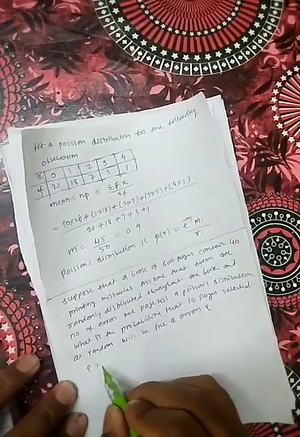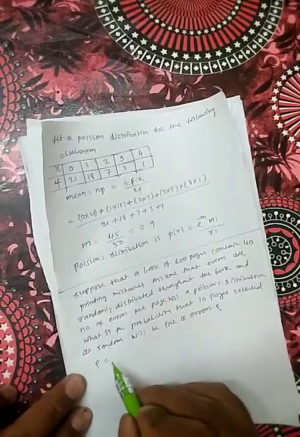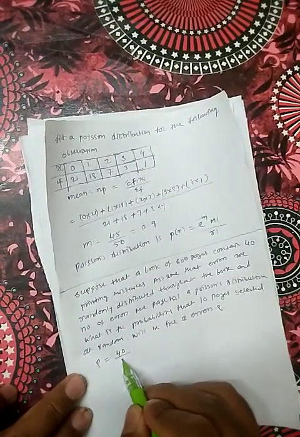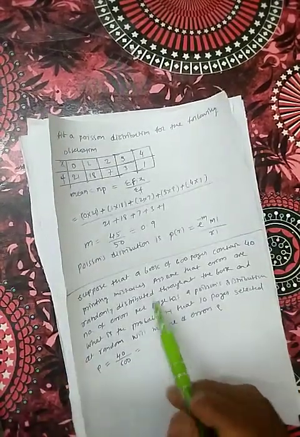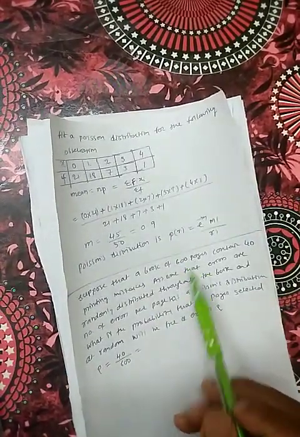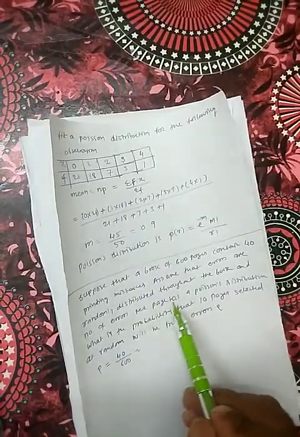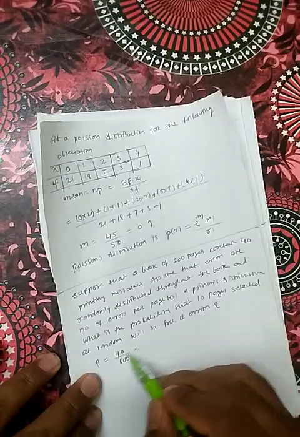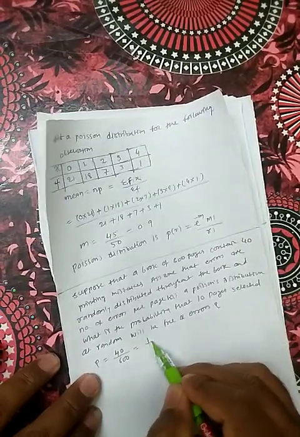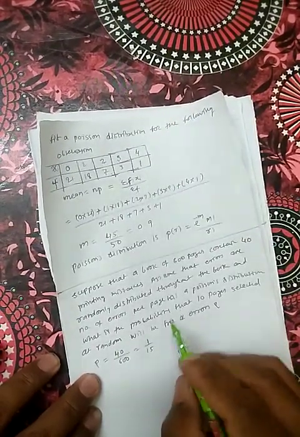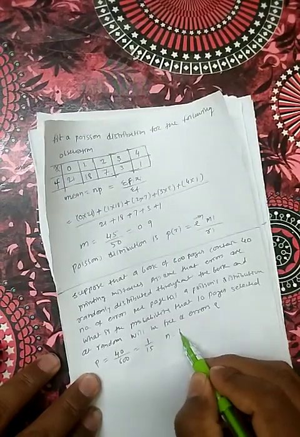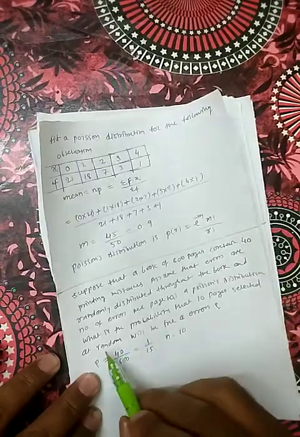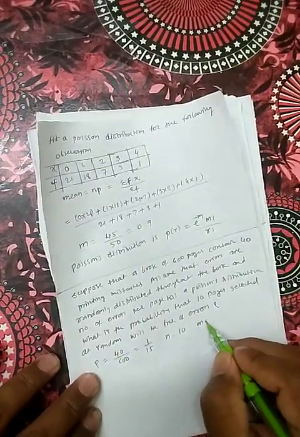Here p is given 40 divided by 600. There are 600 pages and out of 600 pages 40 are defective. So probability is 40 by 600 which is equal to 1 by 15. n is equal to 10, since 10 pages are selected at random, and mean equals np.